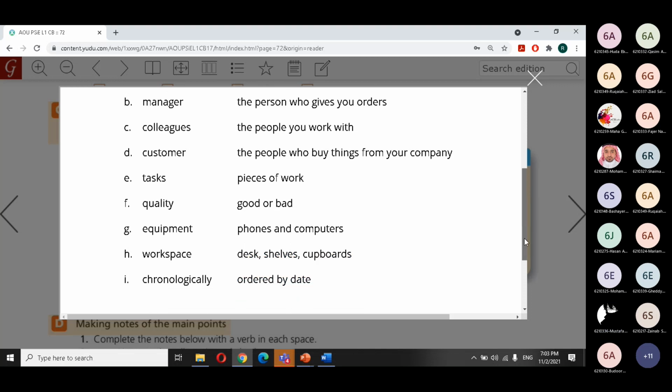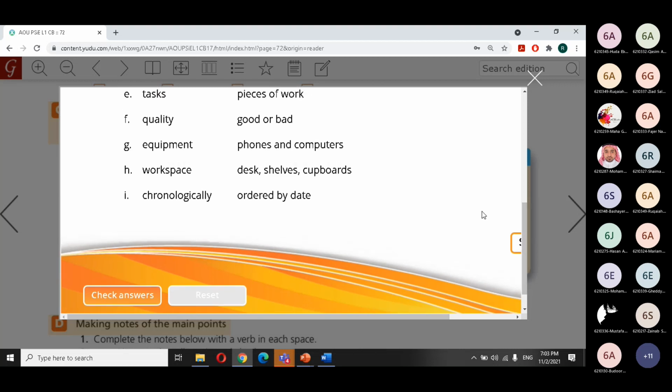When you organize your files, you can organize them alphabetically, means in alphabetical order from A to Z. First the file with A, then the files starting with B. Or you can organize your files chronologically, which means by date. This file was on the 1st of October, this was on the 10th of October, so this is first, this is second.